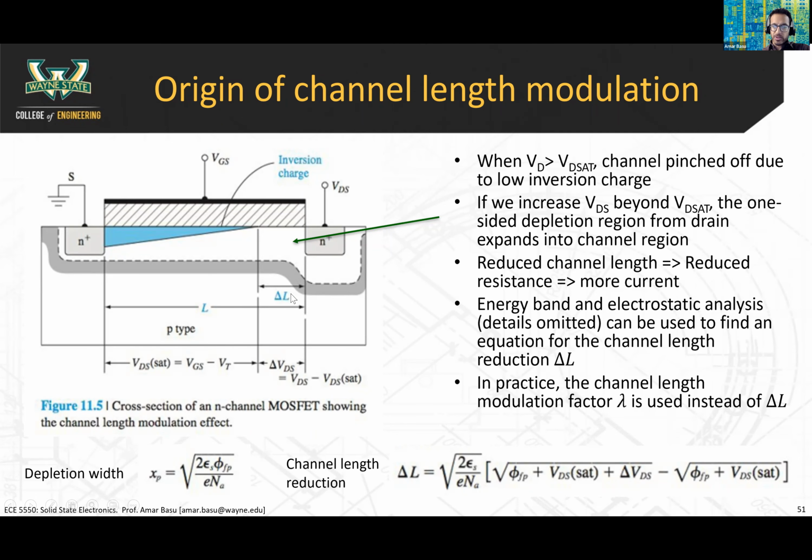That is the fundamental reason why this delta L becomes larger. The pinched off region becomes larger, and this region becomes narrower or shorter. When you have a shorter resistor, you end up reducing the resistance and increasing the current going through there.